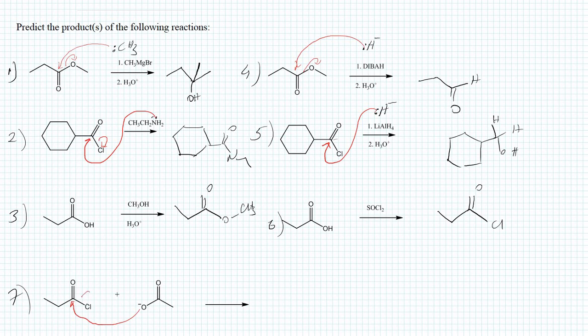If we write the reaction mechanism in a single step, actually it will form a tetrahedral intermediate, then it will collapse back to form a double bond, then chlorine will leave. But I'm going to show you with 2 arrows instead of 4 arrows. Okay, then let's write the product here.